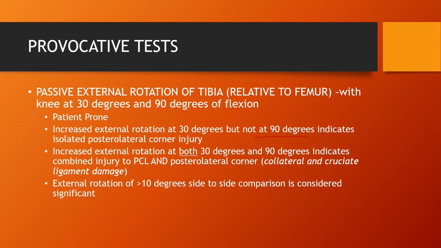So always compare your findings on the involved lower extremity to your findings with the uninvolved lower extremity. And the distinction between these two tests is that when you have increased external rotation at the 90-degree position, that suggests a more serious and severe injury. It suggests a combined injury that would qualify the examinee for the highest permanent impairment rating. Okay?